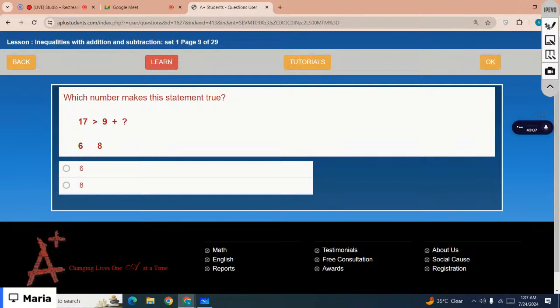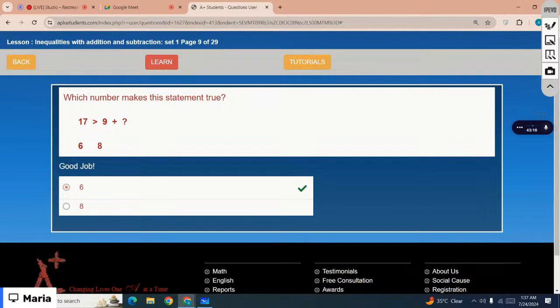No. Yes, 14 it is. 9 plus 6 is 15. So 17 is greater than 15. Very good. Option number 1 is the correct option.